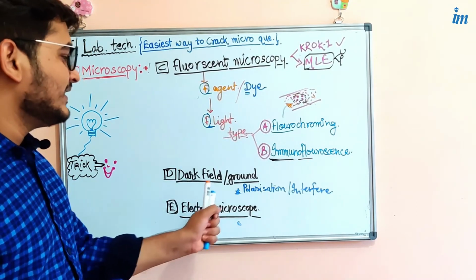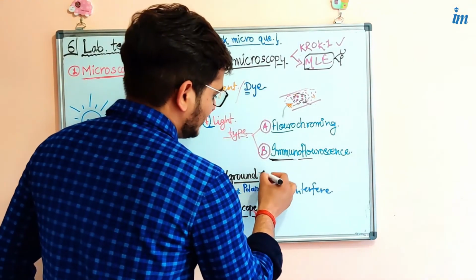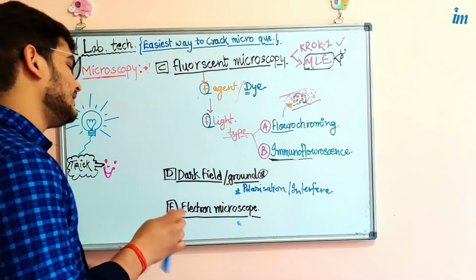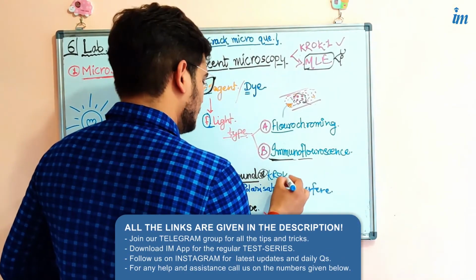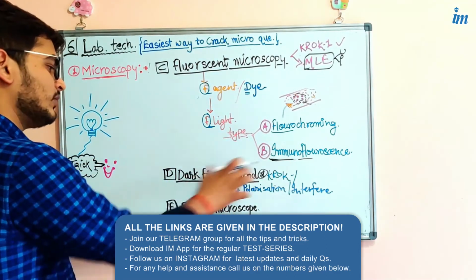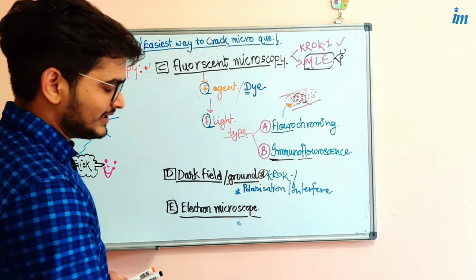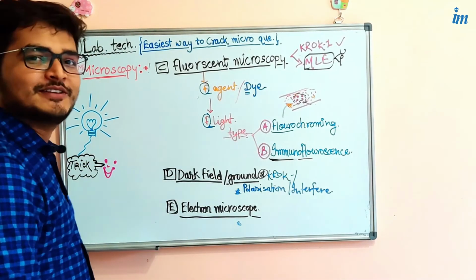I can simply say they are not important from the point of view of other exams, but a few times they have been asked in cross questions like dark field microscopy, but they are outdated according to the IFM and the USMLEs.